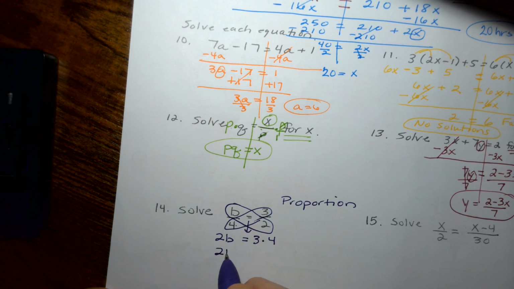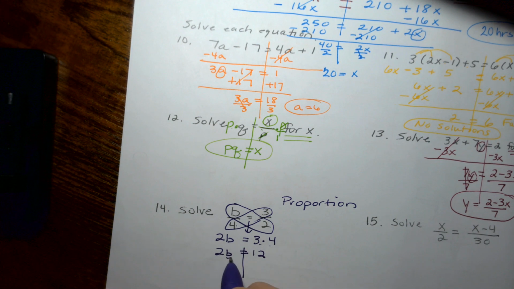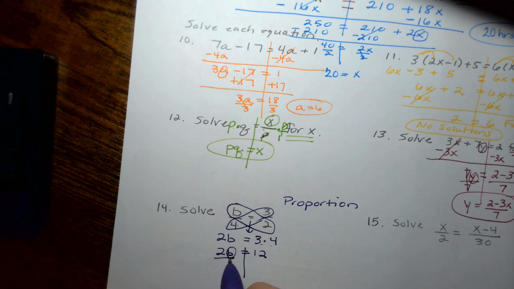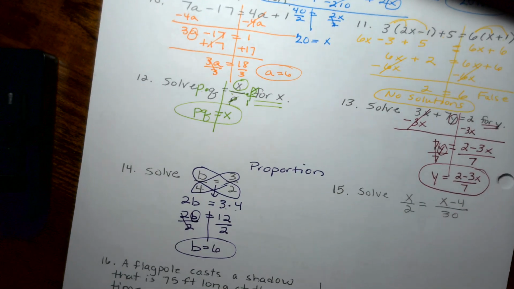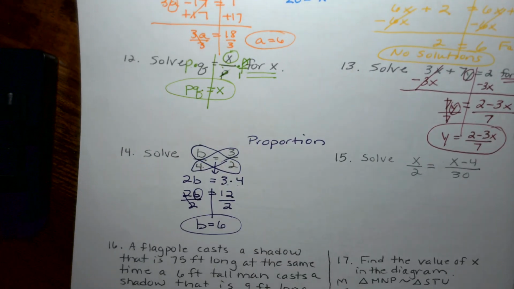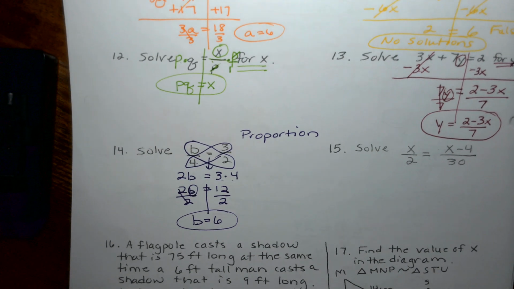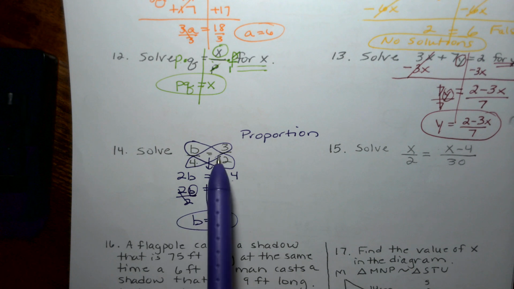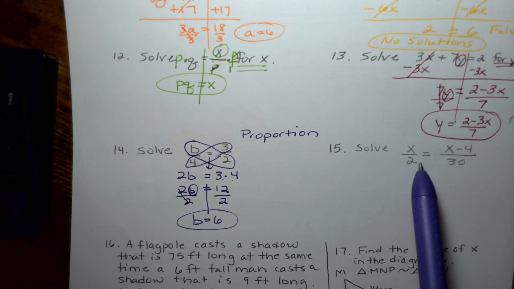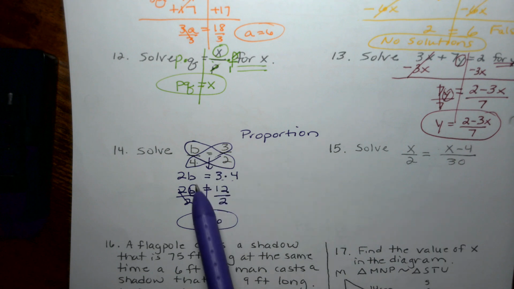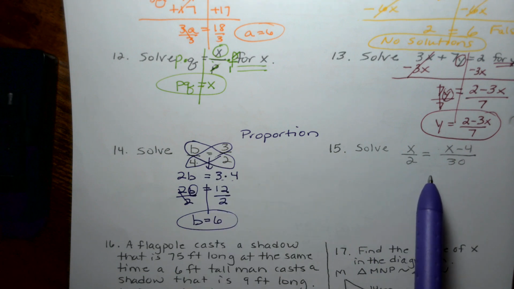So I have 2b equals 12. Draw your line, locate your variable, and you can solve this. So you could cross multiply and divide. That's no problem. But the reason I want to show you this is because you have to use it over here. So the same process is what we're doing right here.